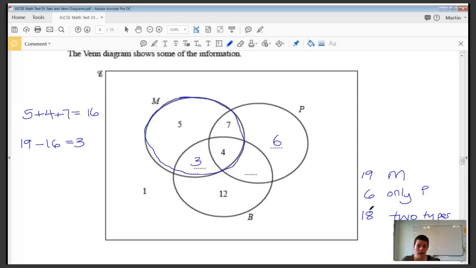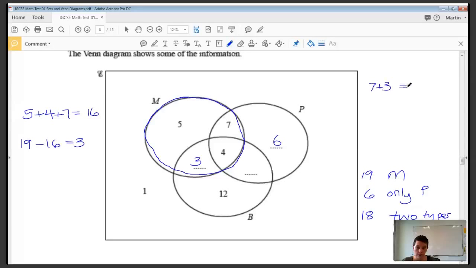We're then told that 18 people ate 2 types of fruit. So we think, which people ate 2 types of fruit? Well, they either ate pineapples and bananas, or they ate bananas and mangoes, or they ate mangoes and pineapples. So we can see we've already got 7 people who ate pineapple and mango, and we've got 3 people who ate mangoes and bananas.